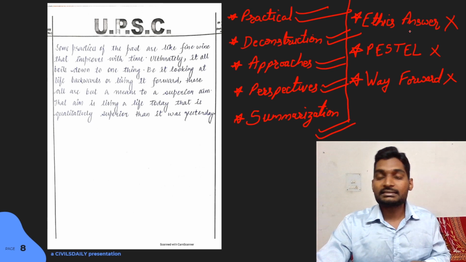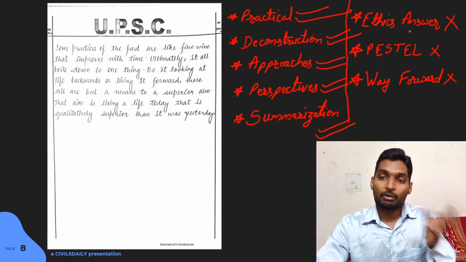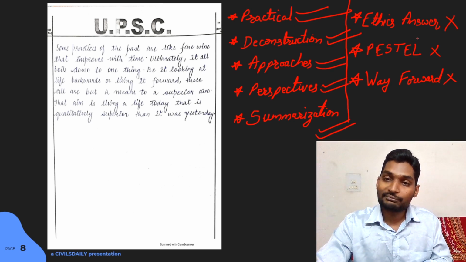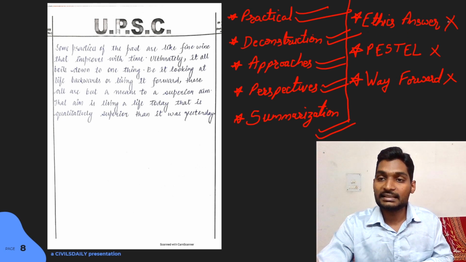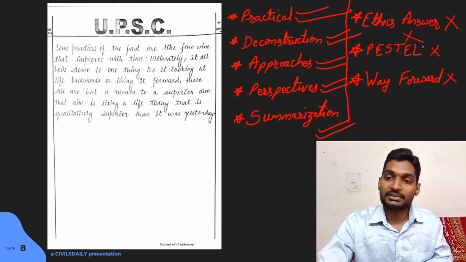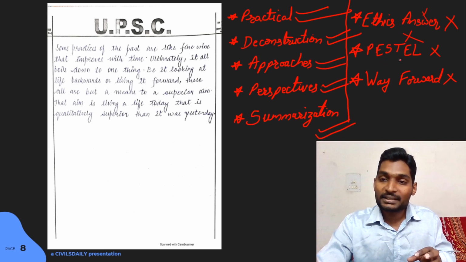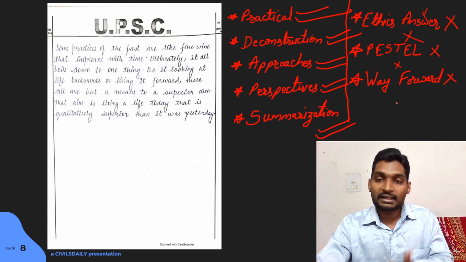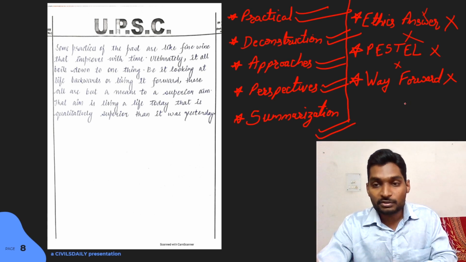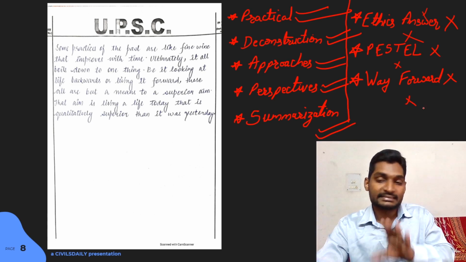Also, we have discussed what you have to avoid. You have to avoid converting your essay into an enlarged version of an ethics answer. Further, you have to avoid the pastel approach as much as possible. Also, you need to avoid giving a way forward kind of conclusion as much as possible in philosophical essays.